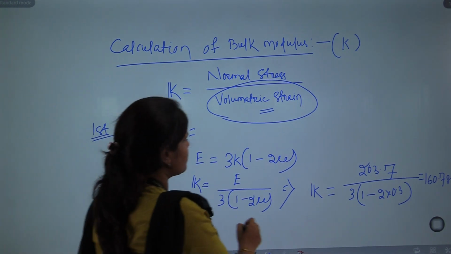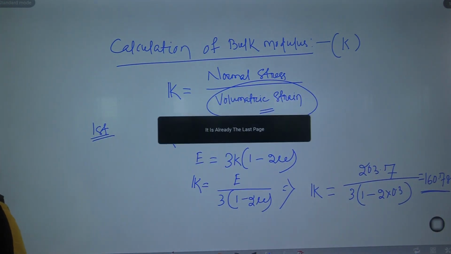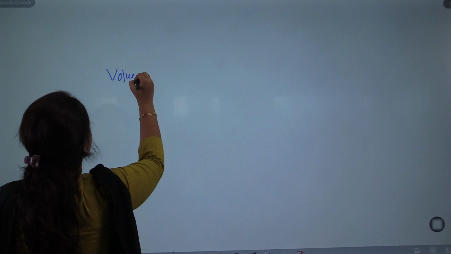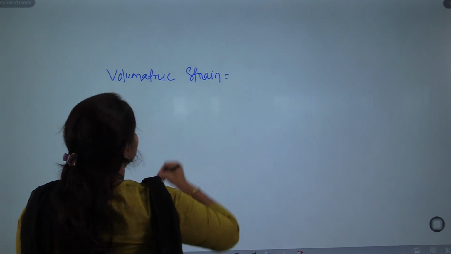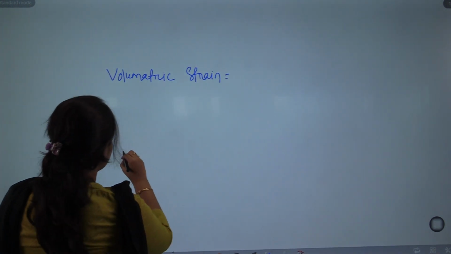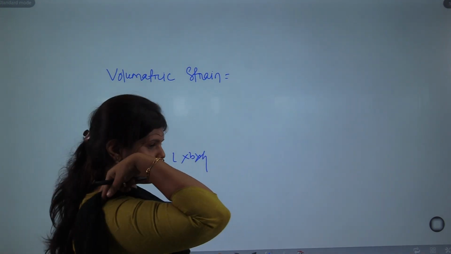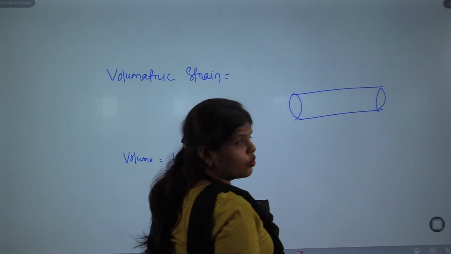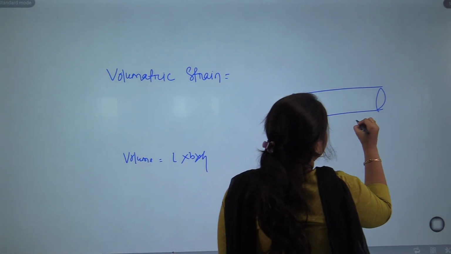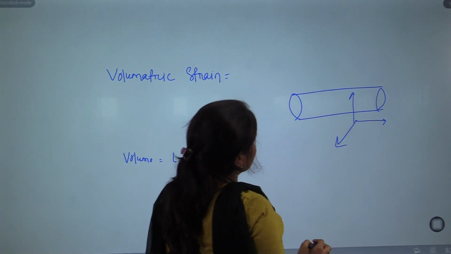We got this value, and now we calculate the volumetric strain. Volume is L into B into H, this much only. In your bar, volumetric strain will be the x axis value, y axis value and z axis value.